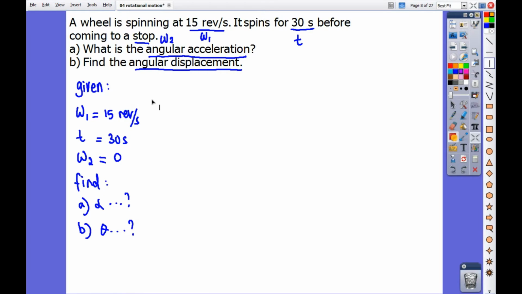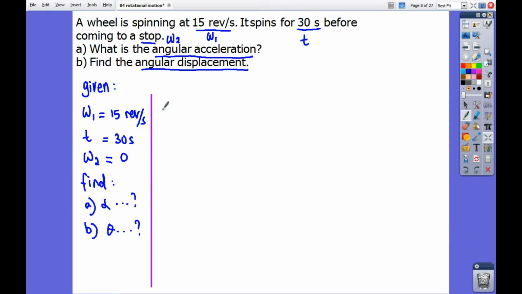Let's answer this together. To find angular acceleration, it's easy. Use omega 2 equal to omega 1 added by alpha times time. Omega 2 given 0, omega 1 given 15, added by alpha unknown times 30.